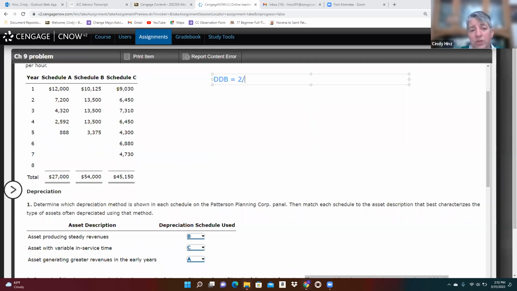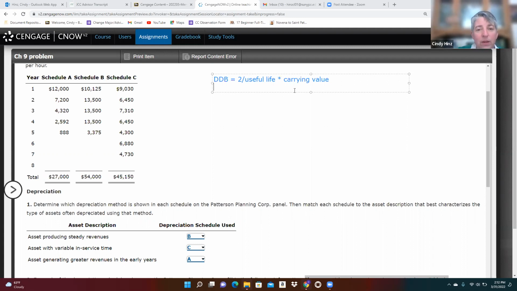So my formula is 2 divided by the useful life times the, sorry, the carrying value. Okay. So this is the formula that we have for double declining balance.